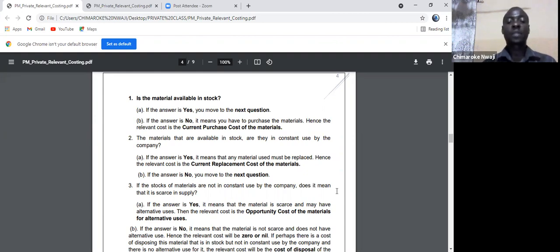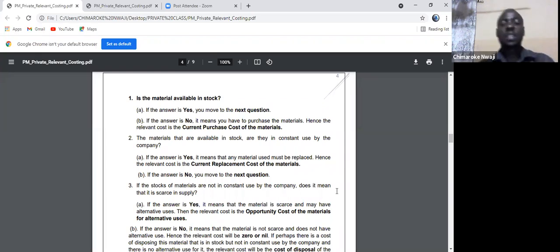When we answer yes to that first question, we move to the next question, which is the second one. Second question: is the material that is available in stock in constant use by the company? So it means that you've answered that the material is available in stock. Now, is the company using it constantly? You could answer yes, you could answer no. Let's assume you answer yes.